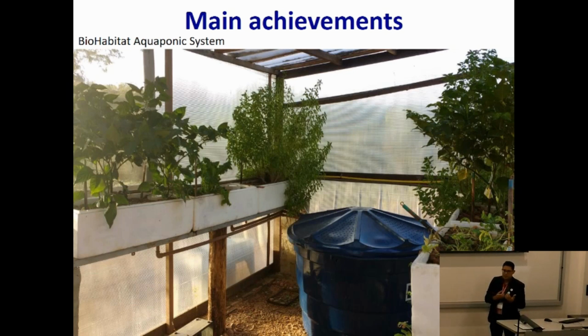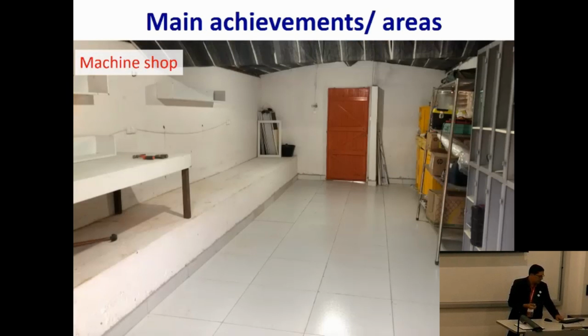Our goal is for the missions to consume only the food produced in the biohabitat, the greenhouse. In terms of expansion and renovation, we created a machine shop with some tools inside.